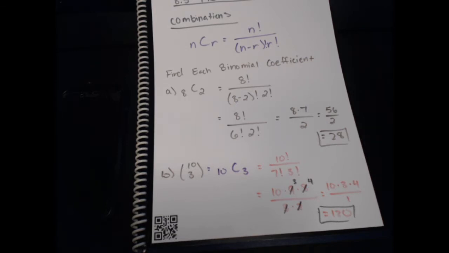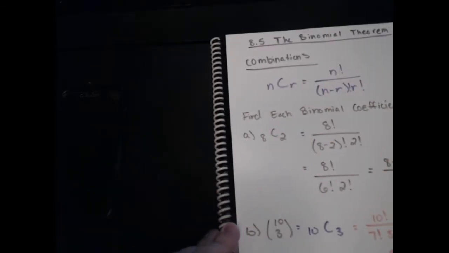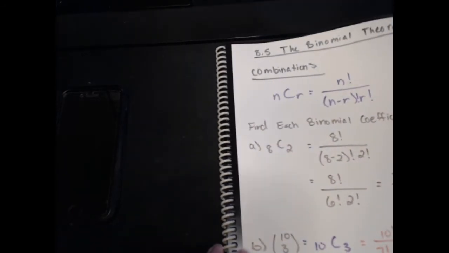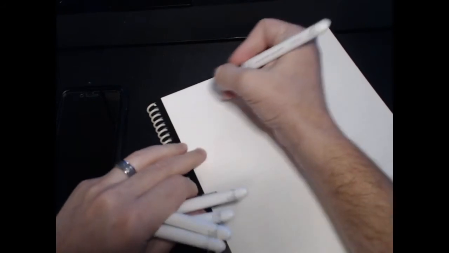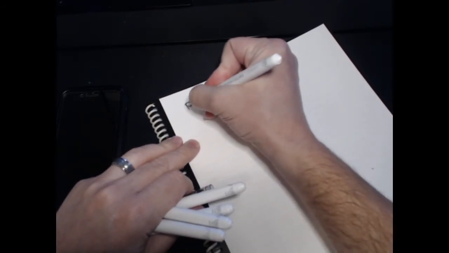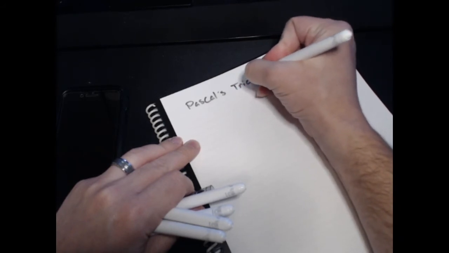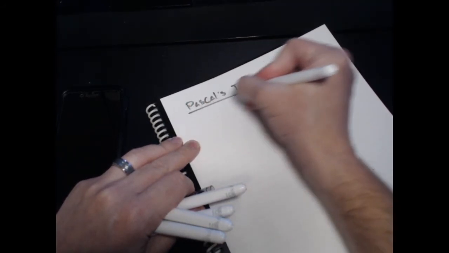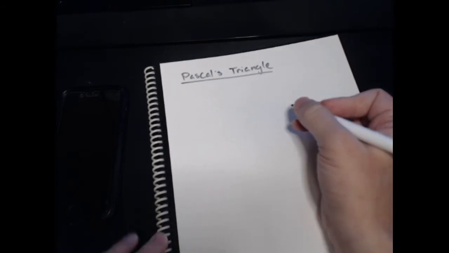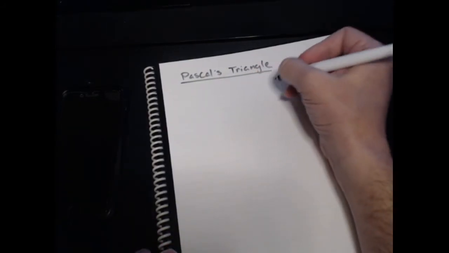To go along with this, you have what's known as Pascal's triangle. Pascal's triangle is actually a breakdown of how to deal with binomials to different powers. So if you have Pascal's triangle, it's literally the following.